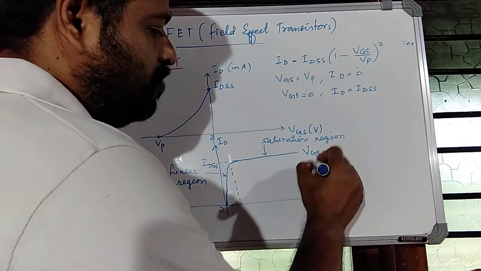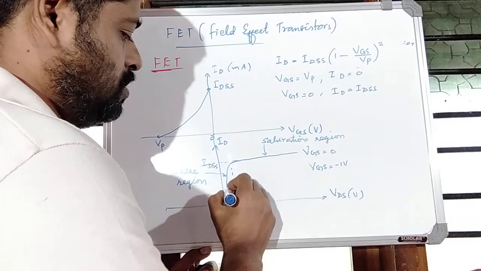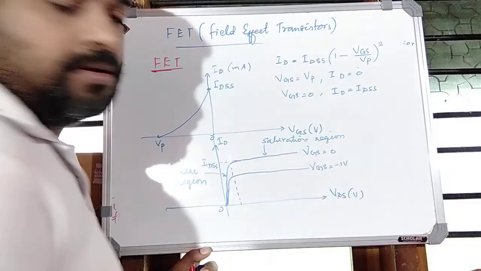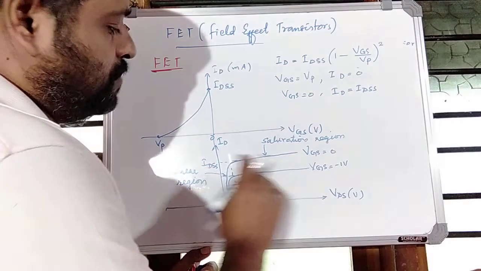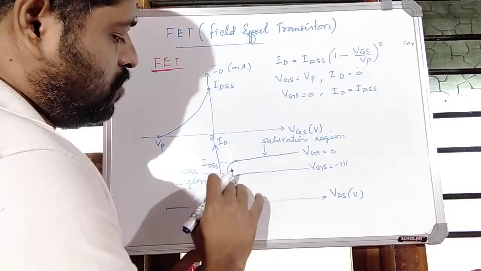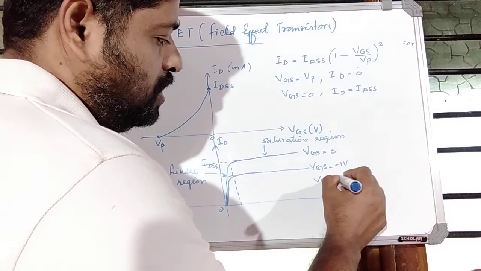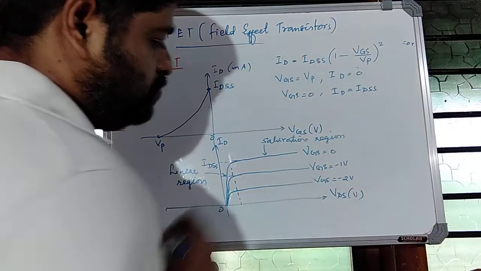If we lower VGS, if we give minus 1 volt, the curve comes like this. The current ID will be lower than this IDSS value. Then VGS we decrease again to minus 2 volt, and it will follow this corresponding curve.